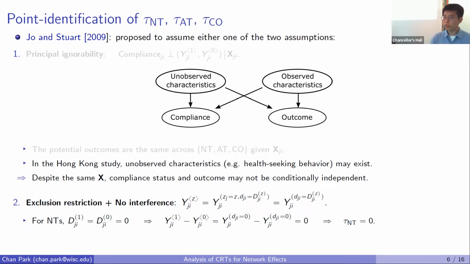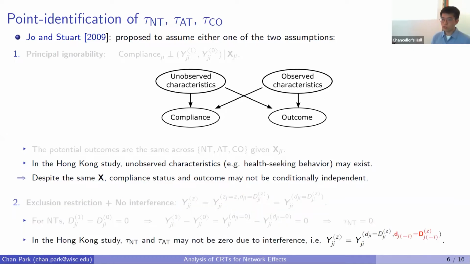As a result, there's no effect among never takers, and there's no effect among always takers too. However, we think there could be a possibility of interference, which means the potential outcome of ego not only depends on ego's treatment usage, but also on peers' treatment usage as well. So this assumption is not plausible as well.